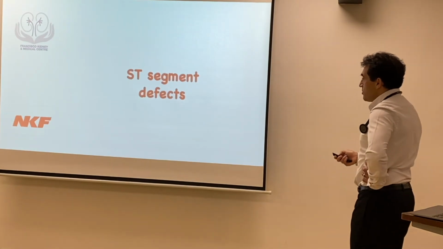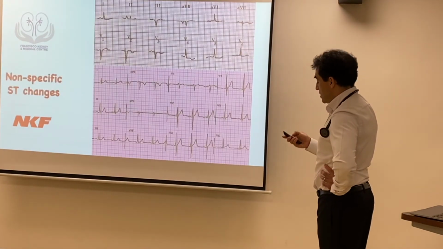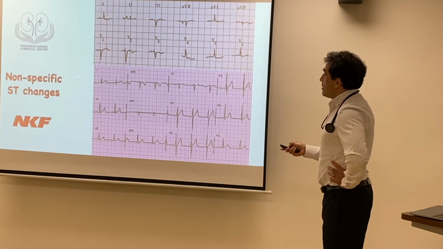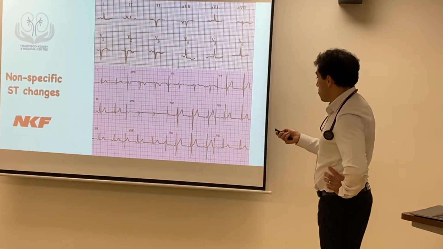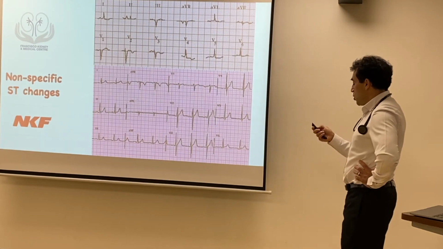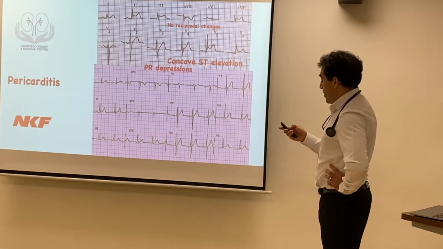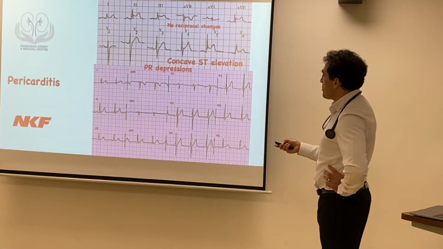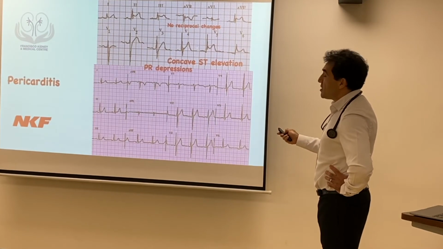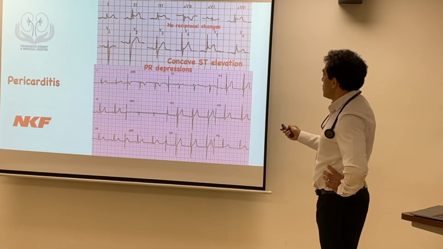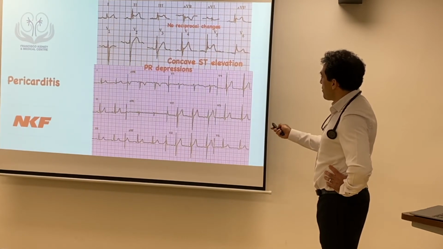Let's talk about some ST segment defects. They can be nonspecific changes where you're probably not sure what it is, but it doesn't look too normal. But one that is important is pericarditis, where you have ST elevations, but they are more widespread. Something more characteristic is the PR depressions.